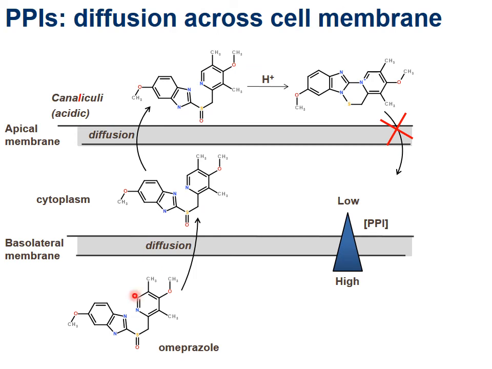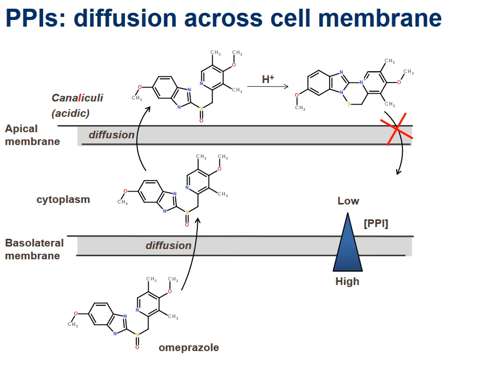Proton pump inhibitors, such as here in the case of omeprazole, can enter the parietal cell by simple diffusion driven by a concentration gradient. These molecules are not very polar, they're not charged, so they can enter simply by diffusion. And the same is true once they've entered the parietal cell. They can cross into the canaliculi, into the lumen, by simple diffusion across the apical membrane.